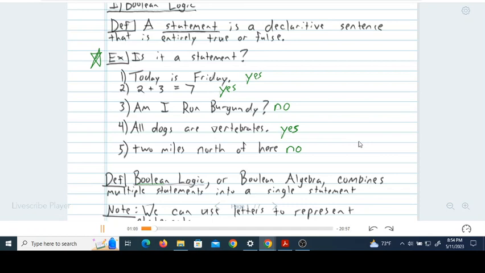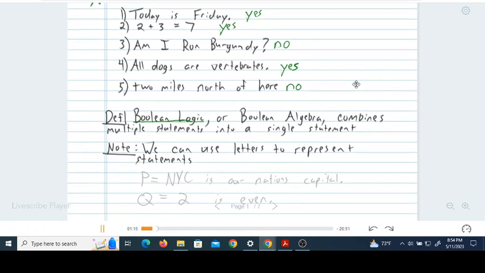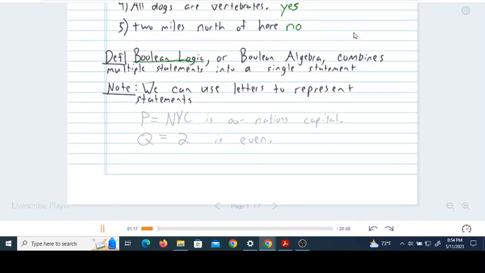So Boolean logic, also known as Boolean algebra, combines multiple statements into a single statement by using a variety of operators. So in standard algebra, we work with numerical variables or numbers. Now we have multiple operations we can apply to those numbers. Those operations include addition, subtraction, division, multiplication, squaring, radicals, so on and so forth.